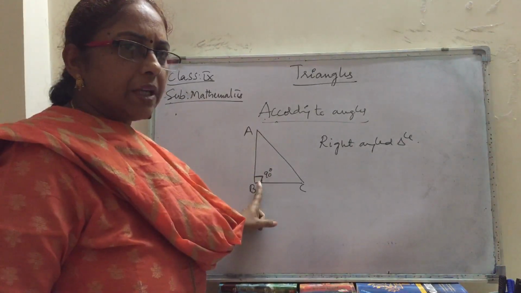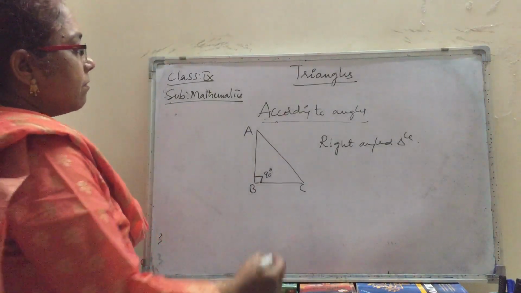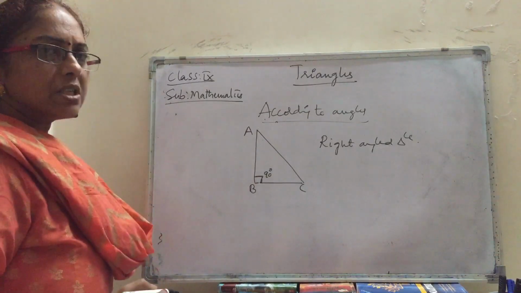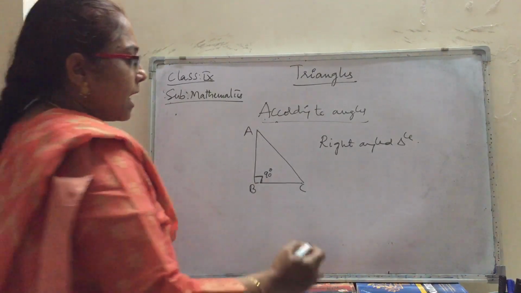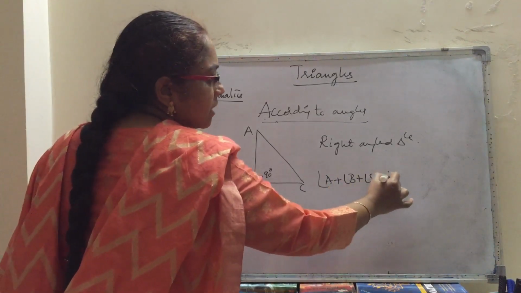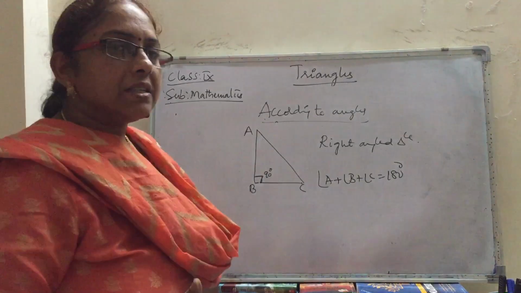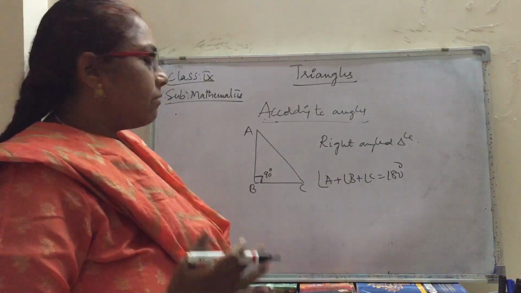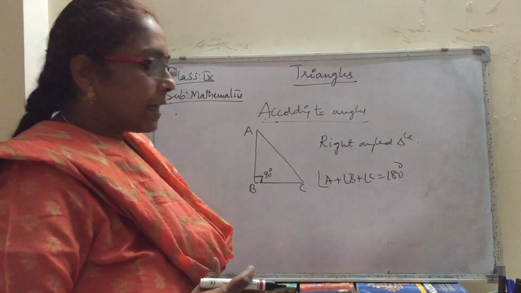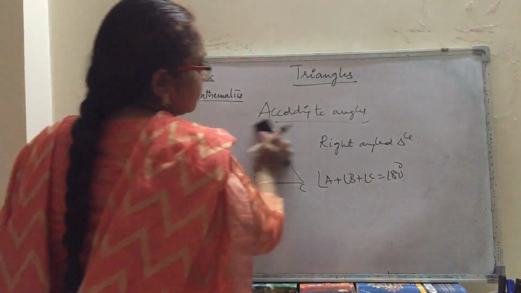If one angle is 90, the other two angles are acute angles. Can we take two angles as 90 in a triangle? Is it possible, children? No, because the sum of three angles in a triangle is 180 degrees only. So we cannot take more than one angle as 90. If in a triangle one angle is 90 degrees, the other two angles must be acute. Then only the triangle is possible. Okay. So it is called a right angle triangle, children.